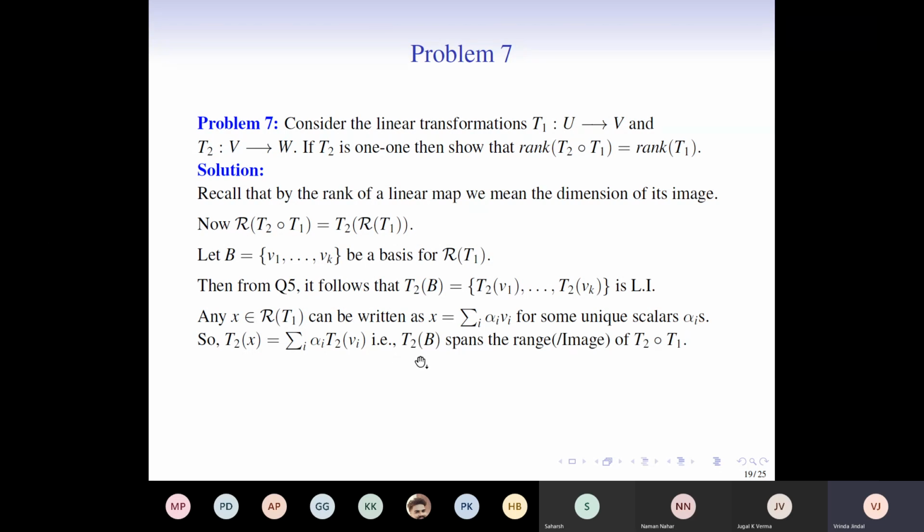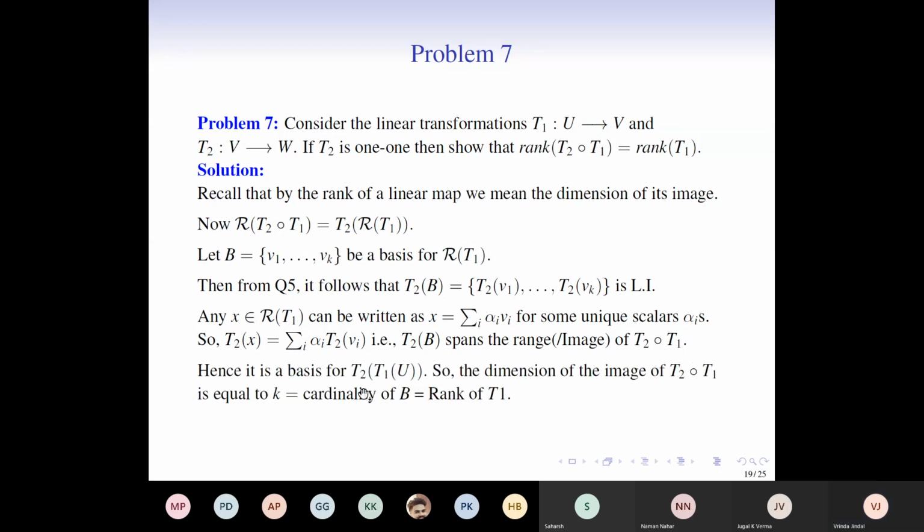This means that T2 of x belongs to the linear span of T2 of B. So T2 of B spans the range of T2 T1. So it is a basis because it's a linearly independent set and it spans the image of T2 T1.